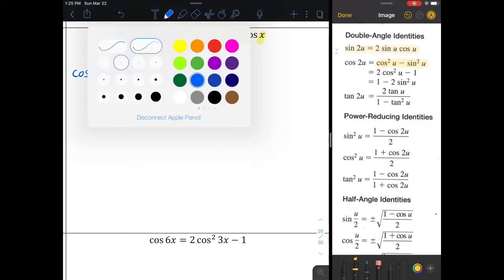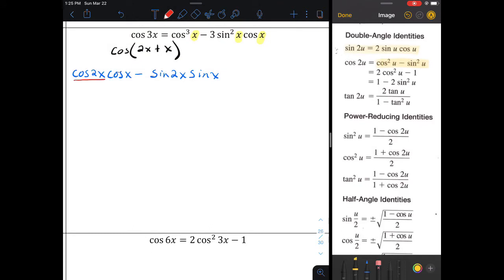And so we're going to rewrite, we're going to use our identities. Cosine of 2x makes cosine squared x minus sine squared x times cosine x minus, and then we're going to do the double angle formula for sine, which is 2 sine x cosine x, and I still have times by sine. And then we're going to multiply this thing out.